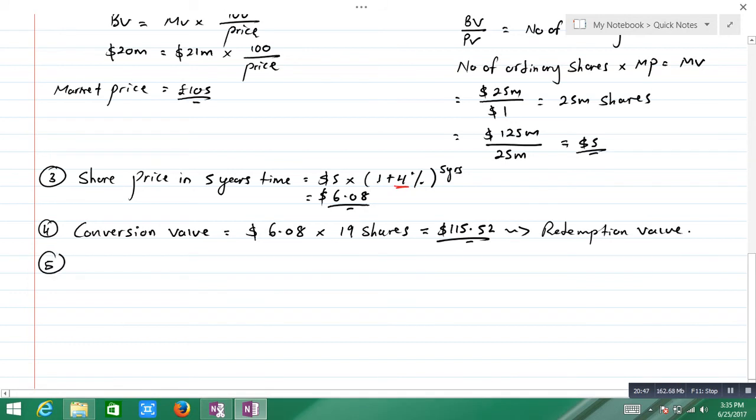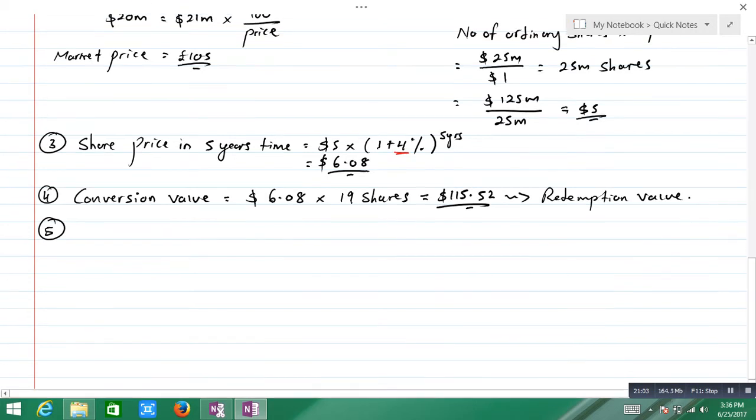Okay, we are almost done with the workings or information we need for our calculation of the cost of debt. To calculate the KD, we definitely need the interest. So 7 times 100.